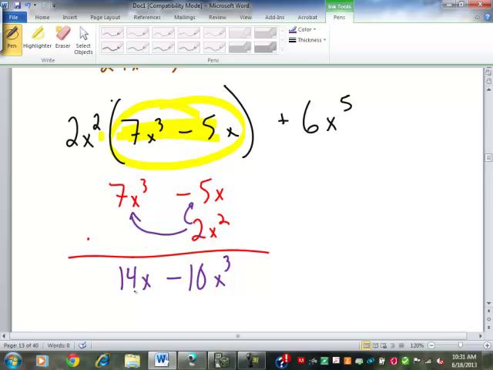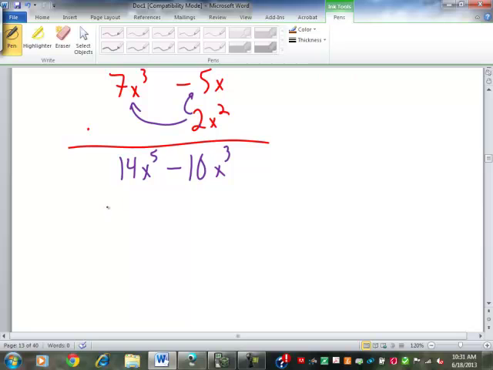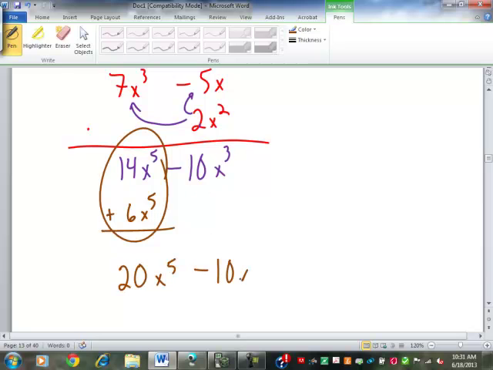Careful. 2 times 7 is 14. X to the fifth. 2 plus 3 makes 5. Now we still have this plus 6x to the fifth here. Where do I add that? Perfect. I can add that to the 14x to the fifth, which makes 20x to the fifth. And I still have the negative 10x to the third.